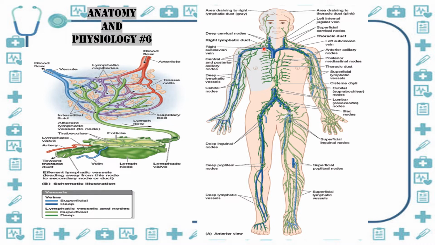Okay, here. So the thoracic duct collects the lymph fluid from the rest of the body and empties into the junction of the left internal jugular and the left subclavian veins. So the lymph fluid transported through these channels is filtered through the lymph nodes that interpose along the way.